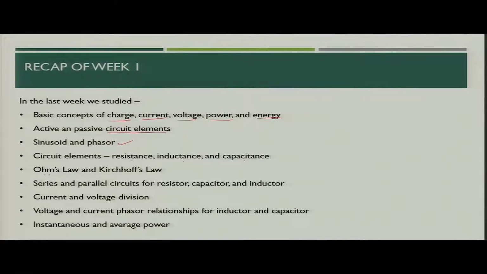Thereafter, we discussed Ohm's law and Kirchhoff's law, which are very basic and very important laws for the calculation of various current and voltage values in a given electrical circuit. Most of the time you would be using either Ohm's law or Kirchhoff's voltage or current law in your circuit analysis. Then we discussed series and parallel circuits for resistor, capacitor and inductor.